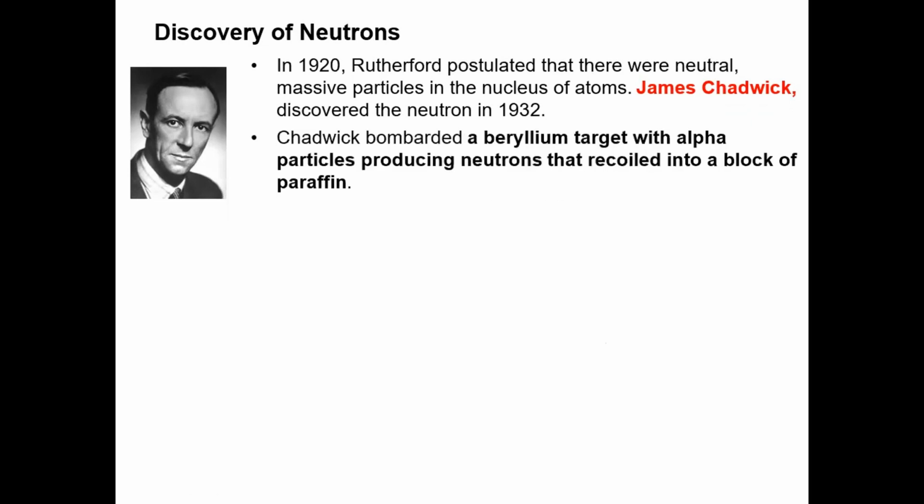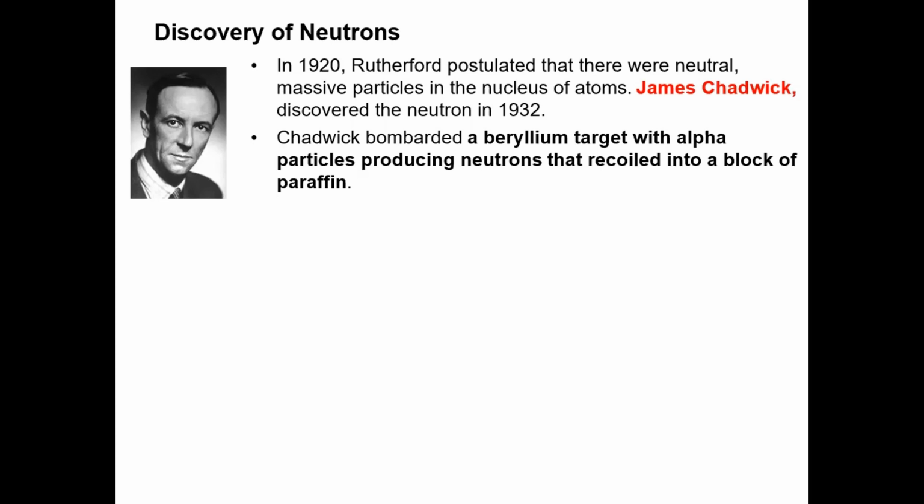He bombarded beryllium target with alpha particles and produced neutrons that recoiled into a block of paraffin wax. Paraffin wax contains carbon and hydrogen in a complex molecular structure. But for a single carbon, there are 4 hydrogen atoms, and therefore so many protons are available.